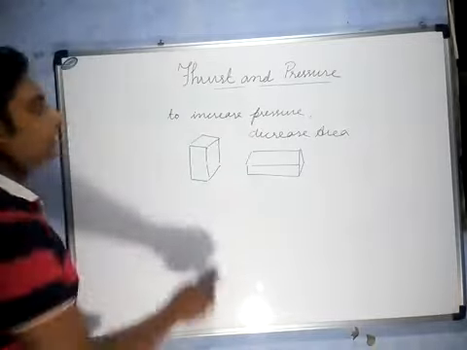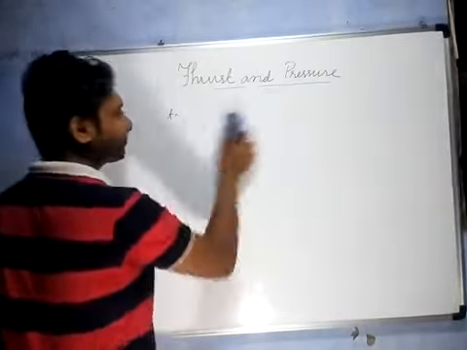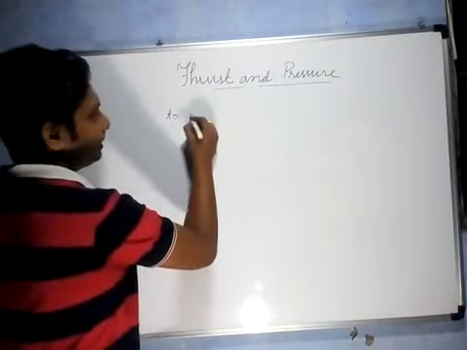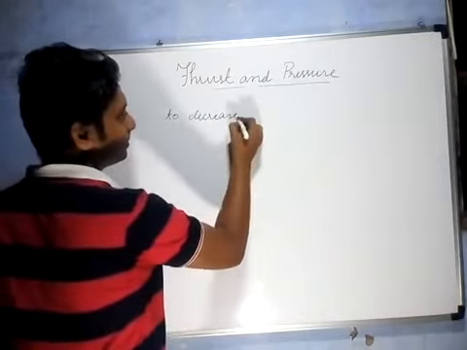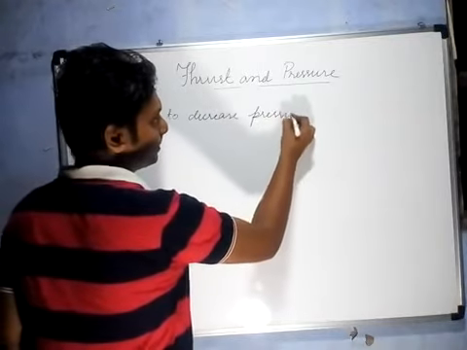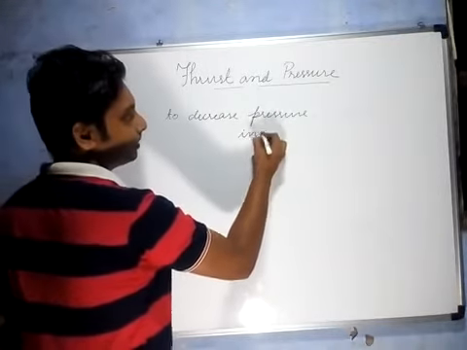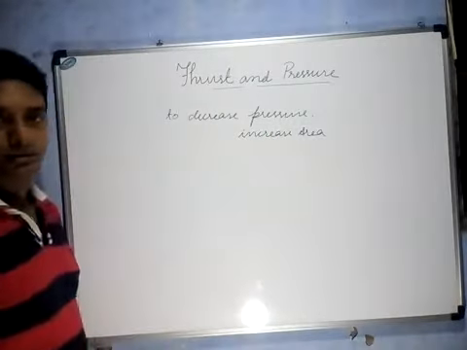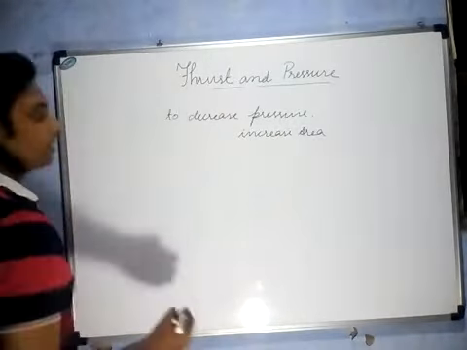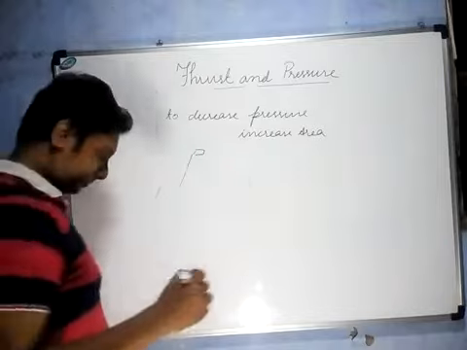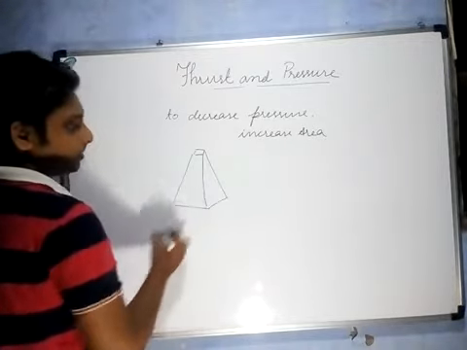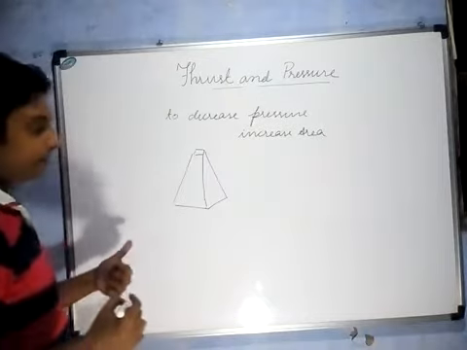And how to decrease pressure? To decrease pressure, we have to increase area. For example, just tell me about this shape.